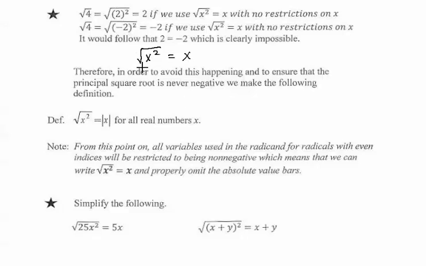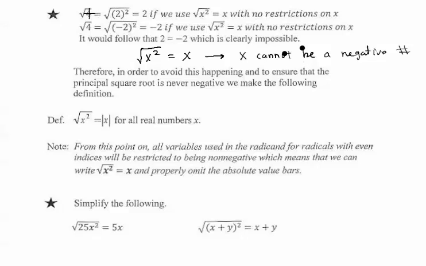If we write just square root of x squared equals x, then we have to go ahead and say that x cannot be a negative number, or we just say x is non-negative.